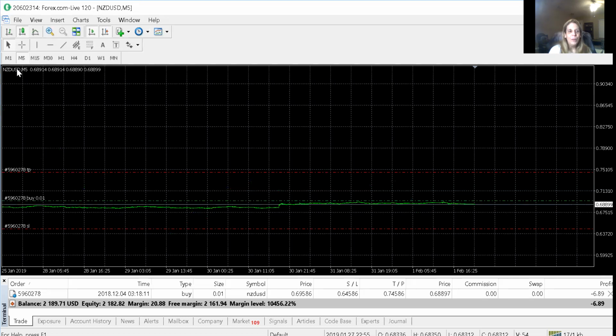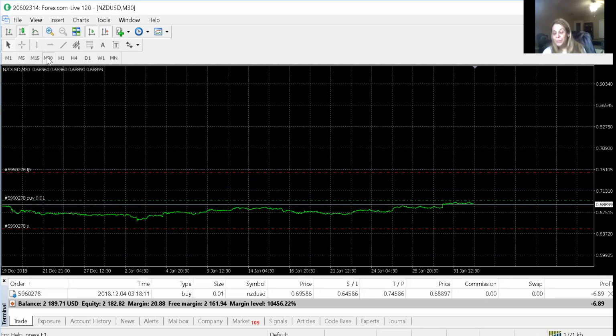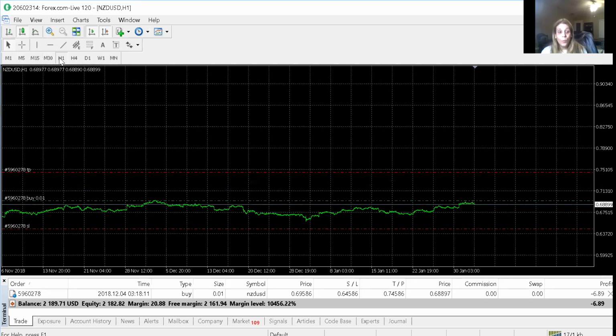So in the 5-minute, there's not much you can see here. 15-minute, no marked up chart, no indicators, still not much you can see. 30-minute, definitely not much you can see. The 1 hour, there's a little bit of movement if the market was moving, but because the market's closed, it's a little more difficult.